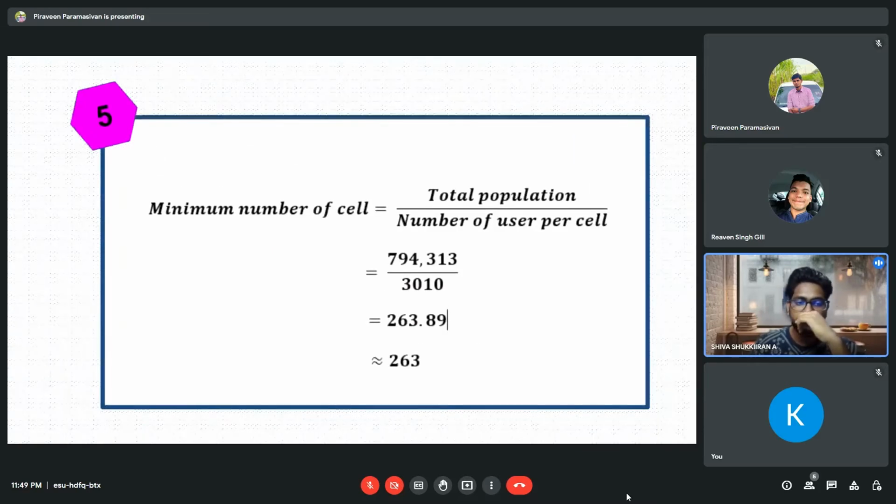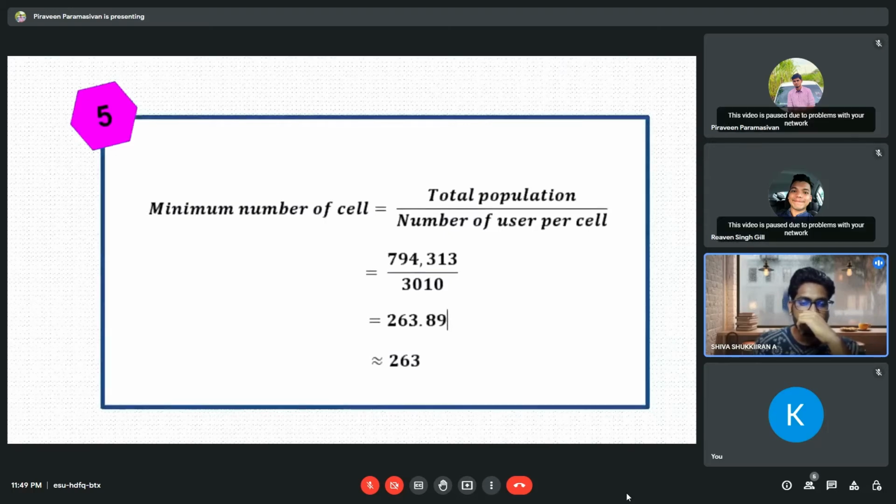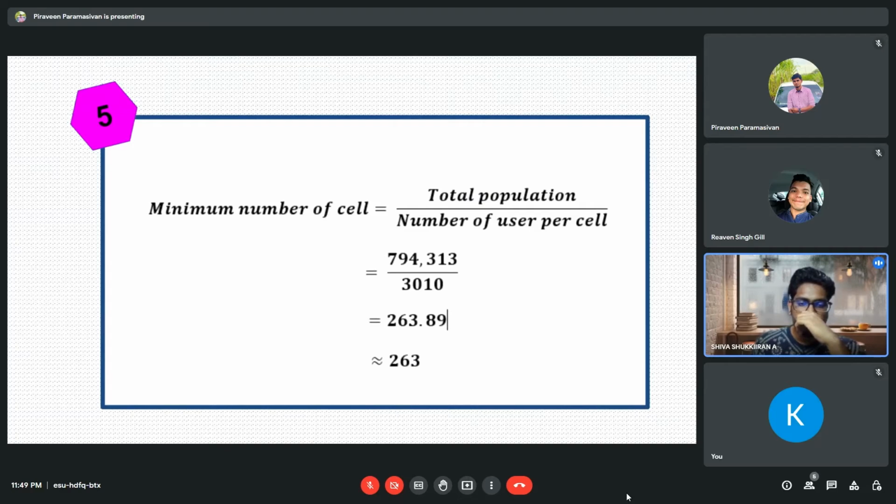Next. For the minimum number of cells, it is the total population over the number of users per cell. So from the data, the total population is 794,313 divided by the number of users per cell. We could obtain 263.89 and we round it off to 263.